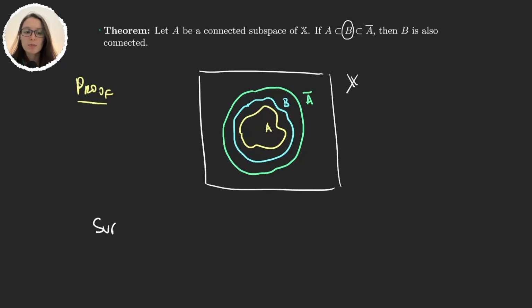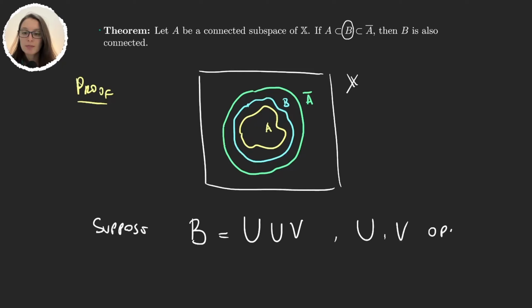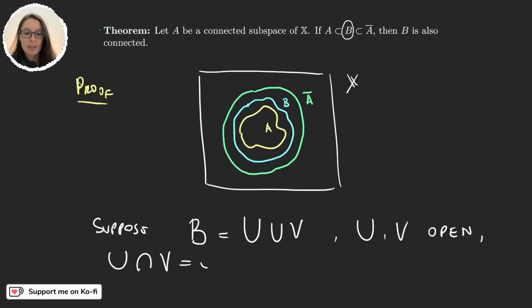So let's suppose that B is the union of two sets, let's call them U and V, where U and V are open, their intersection is empty.